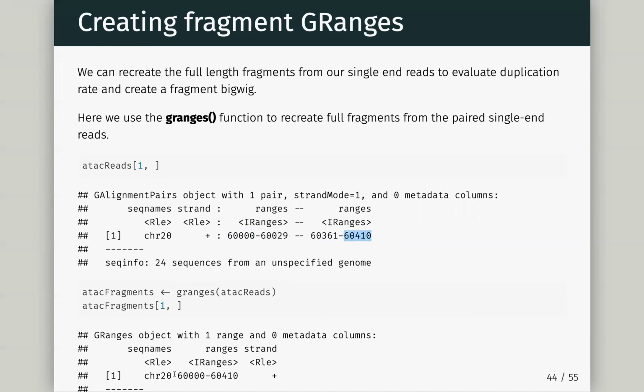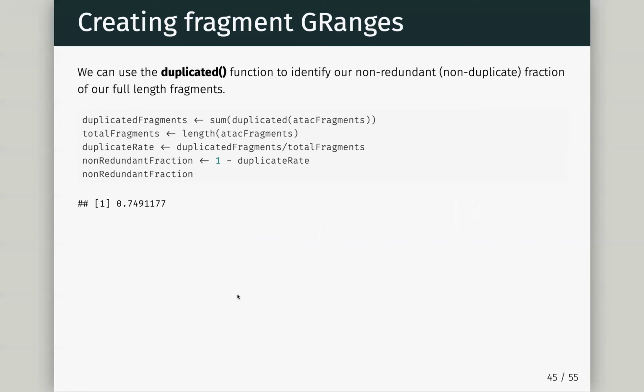You can see that here. Right? So that's actually kind of useful, assuming they must be from the same fragment. Now I can reconstruct the fragments as a granges, and with that, I can start to do some further downstream analysis. So the first thing I'm going to do is try and get an idea of my redundancy.